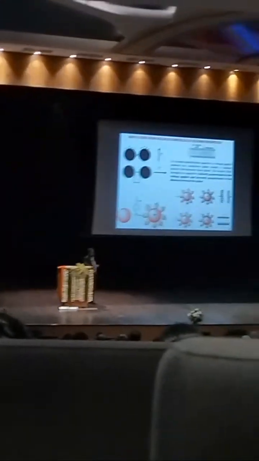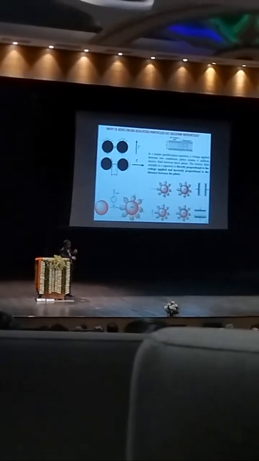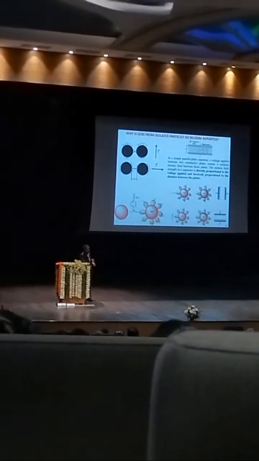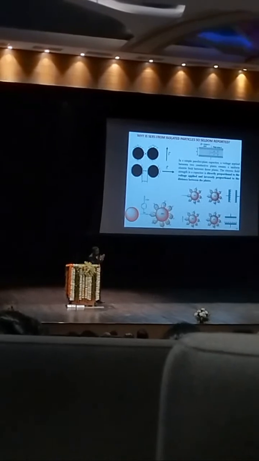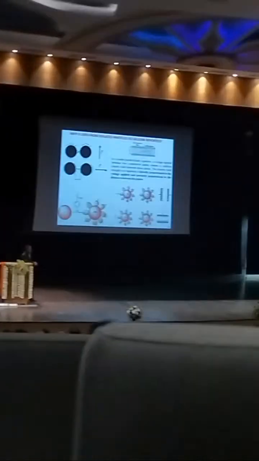So now the molecule will feel like it is sitting in between a capacitor. And that capacitive field depends on 1 by d to the power 8. Due to this small distance, which is less than 1 nanometer, this capacitive field is huge. But if we apply this electric field perpendicular, then this capacitive field doesn't occur.